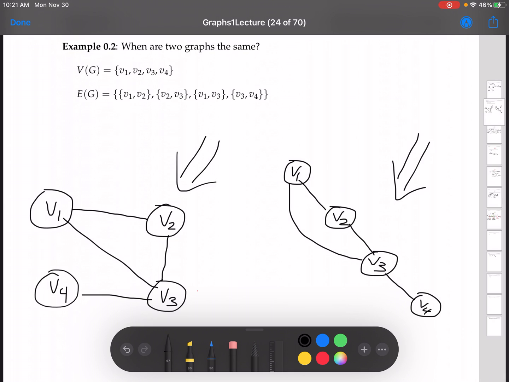Now let's see, how could I do that? Let's take V3 and move him over a little bit, and take V1 and move him down a little bit. Okay, let's do that first.